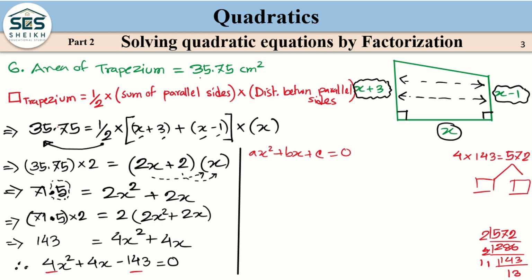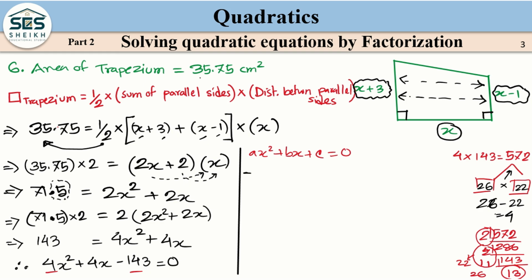So now we can write 11 times 2 is actually 22, and 13 times 2 is actually 26. So the difference of this one is a pretty difficult one. So 26 and 22, if we multiply them, then we get 572, and if we subtract 22 from 26, we get our 4.